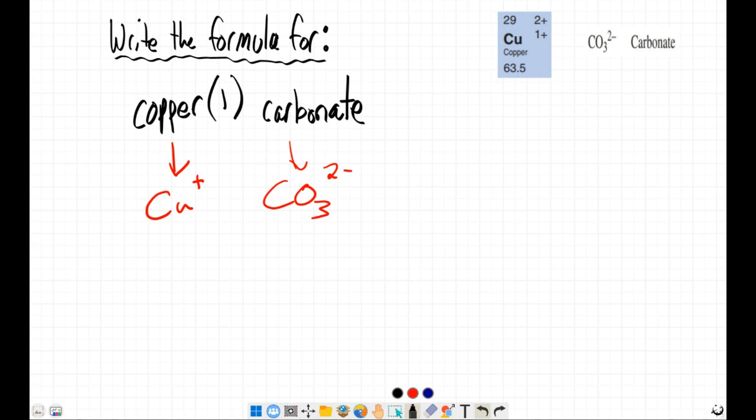Now we have more negatives than we do positives, so let's bring up the number of positives. Make another copy of the copper. And now the charges have balanced out. We have 2 positives and 2 negatives. So our final answer is Cu2CO3. Or not calcium, copper carbonate.